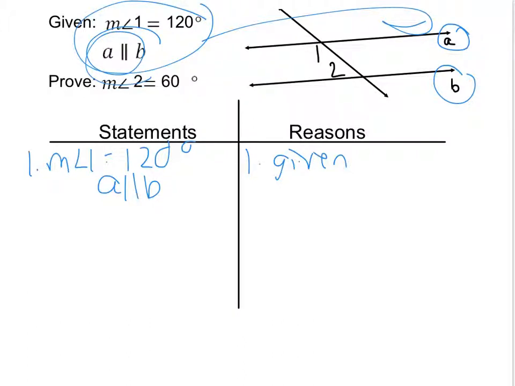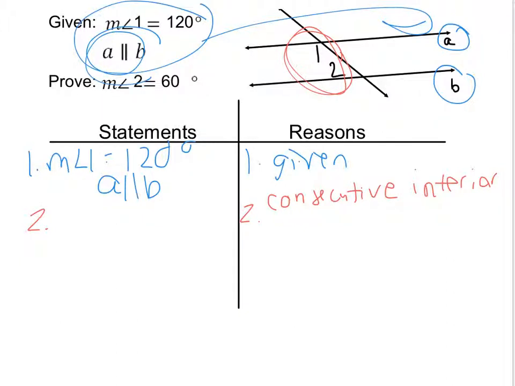Alright, second step. The second step is the type of angles that you have. So we know these are consecutive interior. So when you write your reason, you write consecutive interior angles theorem.